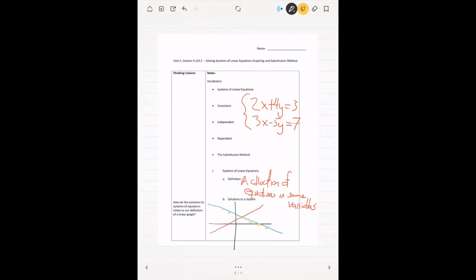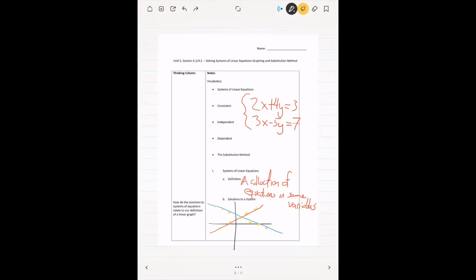And every point you find on the red line is a solution to the red equation. So if I came up with some equation for the red line, any point on that red line, I could plug that in and I would get a true statement. Same thing for the blue. If I took this blue line, any point on that blue line, and I plugged it in to the blue equation, I would get a true statement.